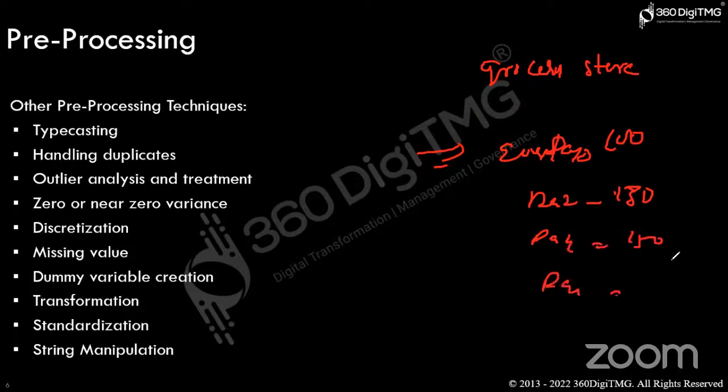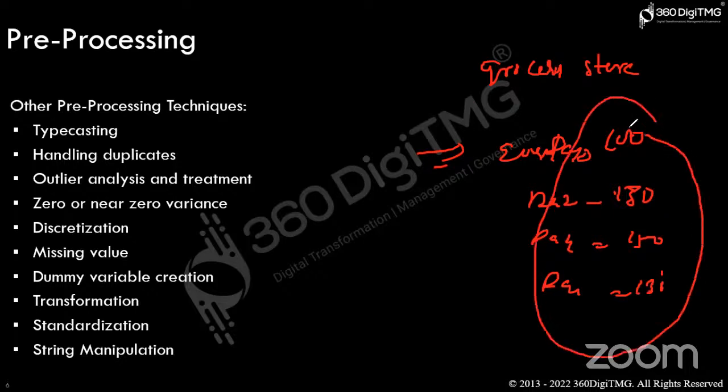Day 4 you got 130 again. So this is your regular transaction, and suddenly on day 5th you got like 1000 rupees. So is it going to last for a long time, or is it just for one day? That you have to observe.